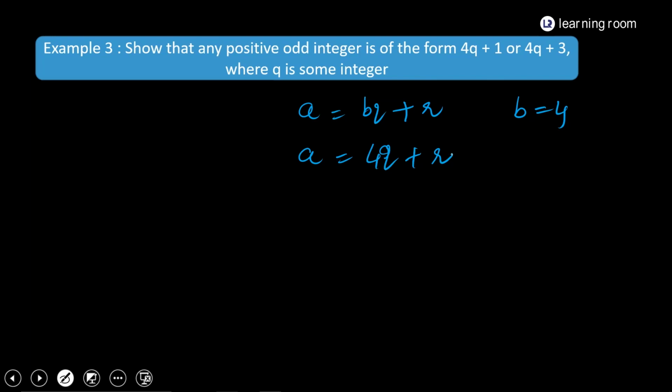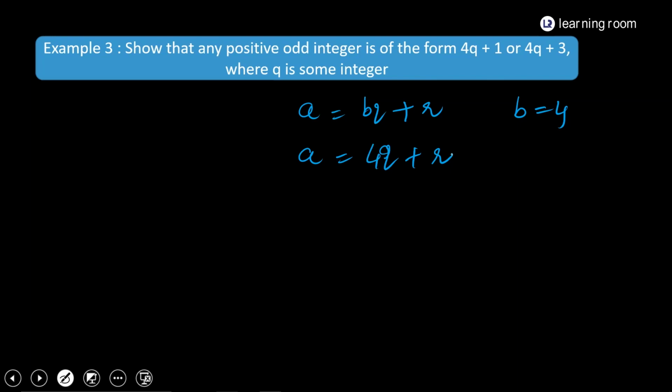Rohit, can you say? R has a particular range of values. The range of r is 0 less than or equal to r less than b, right? So r would be 0, 1, 2, 3.